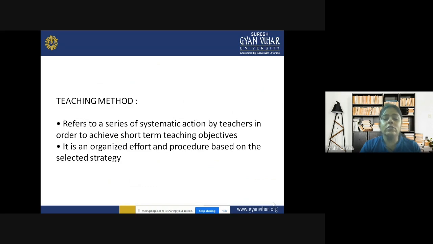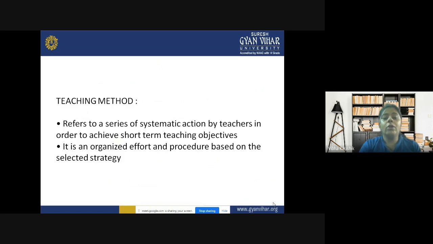These actions will be opted by the teacher, and they should be in a systematic or organized manner in order to achieve short-term teaching objectives. These actions should be performed by the teacher so that the teacher is able to achieve the short-term objectives of that particular subject or course or content that he is going to teach to the students.